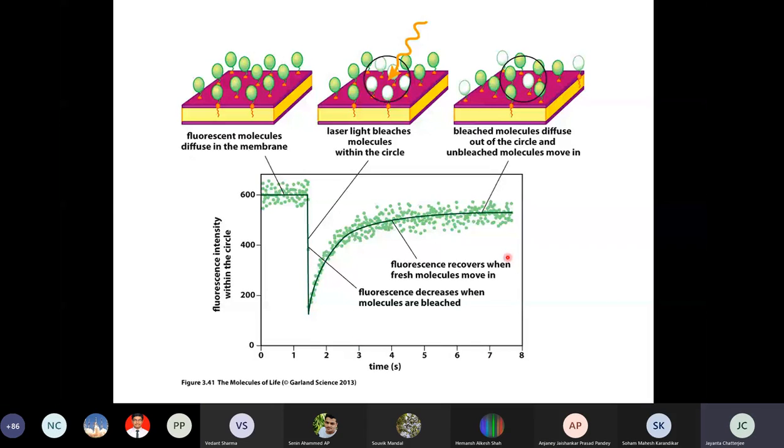But I'm telling you details which you may not know now. The way you measure fluorescence is that you excite the molecule, and the excited molecule emits a light that you detect, right? So what happens is there is something called bleaching. Here, what you're doing is a forced bleaching.